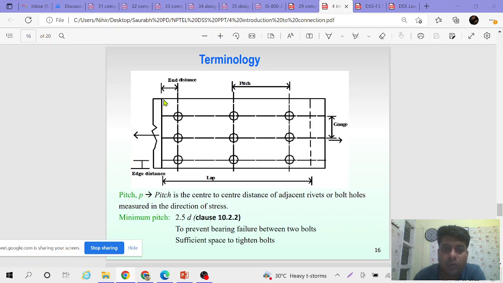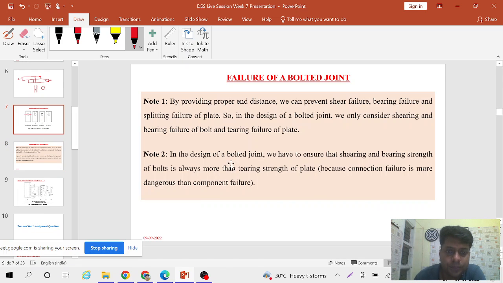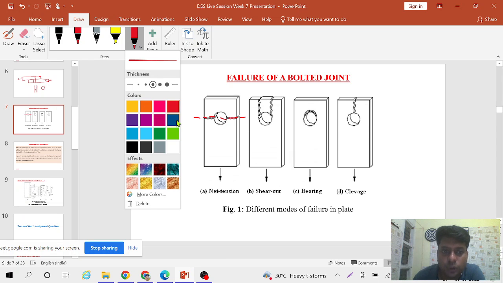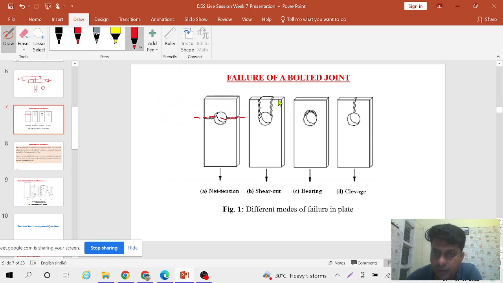So by providing proper end distance, we can prevent those three types of failure which we have seen here. Only this failure we cannot prevent by providing proper end distance. So in this case, this distance is the end distance.